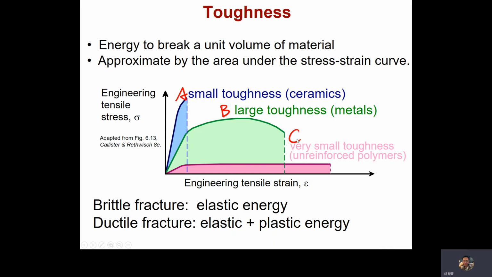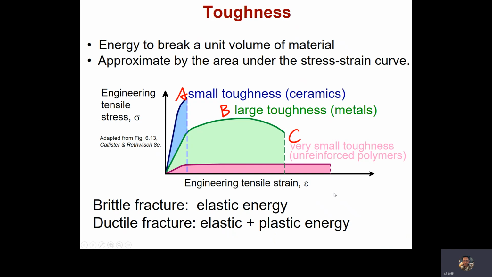For making a car, the frame, the metal sheet or the engine cover, which material is more suitable for manufacturing a car? A, B, or C?